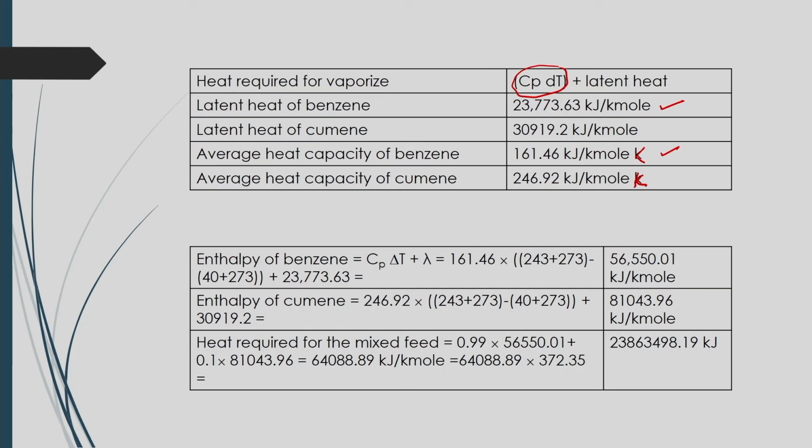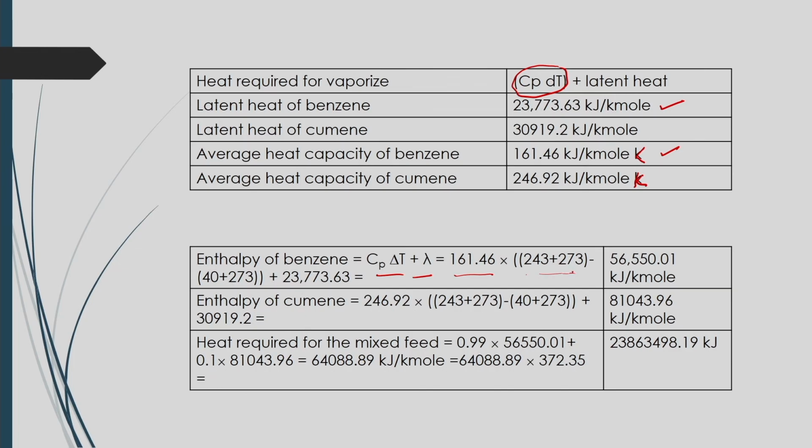It will be simply the sensible heat plus the latent heat. The sensible heat will be simply Cp, 161.46, into the temperature difference. The earlier temperature is 40 degrees Celsius and the bubble temperature is 243 degrees Celsius, so you have to subtract these after converting to Kelvin.